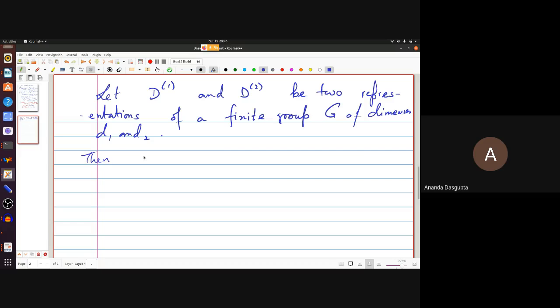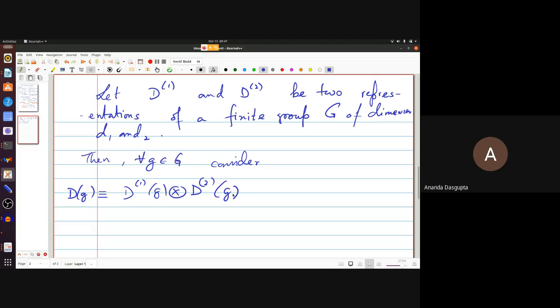Then consider this matrix D(g), which is of dimension d1 d2, and which is defined to be this.